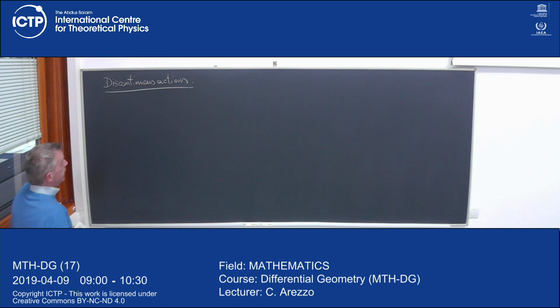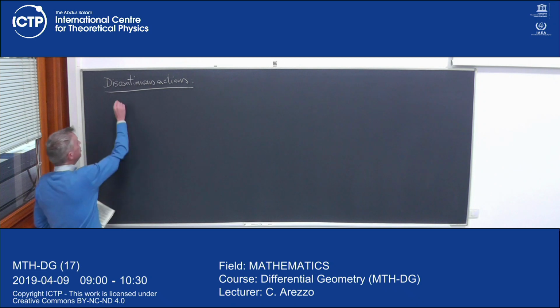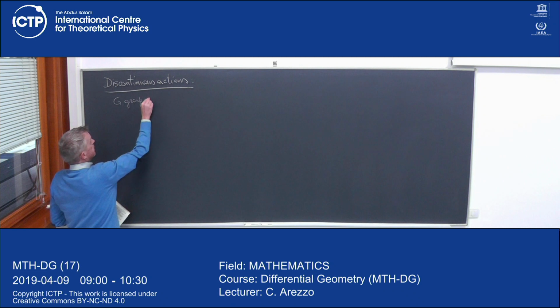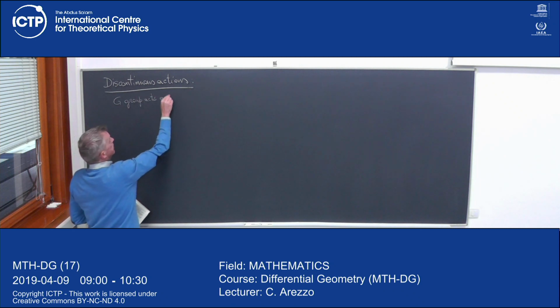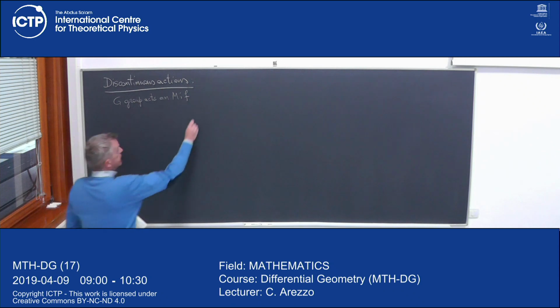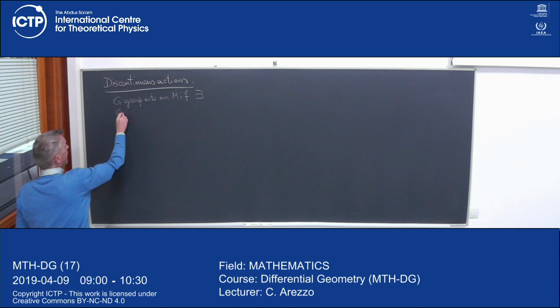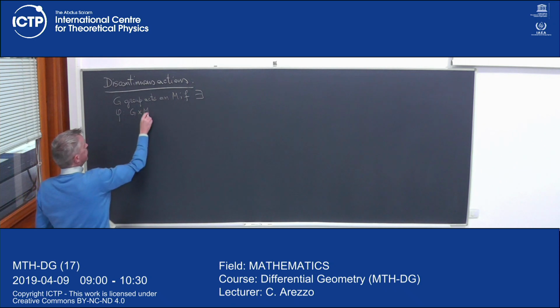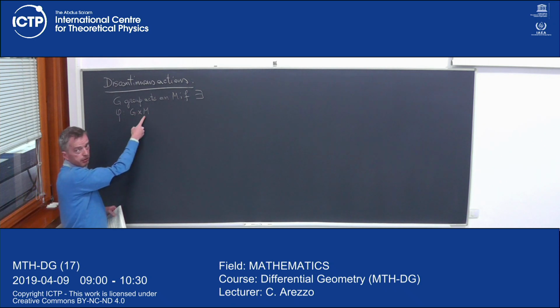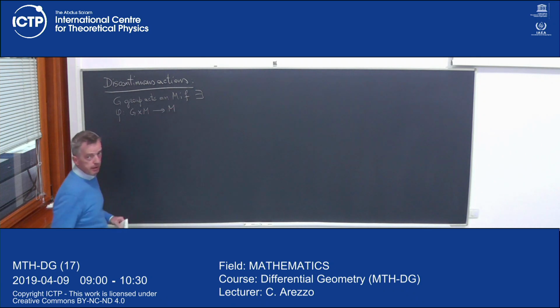So what is the general picture behind this? Is that a group G acts on M if there exists a map, let me call it phi, which takes an element of the group and a point of your space and associates another point of your space.